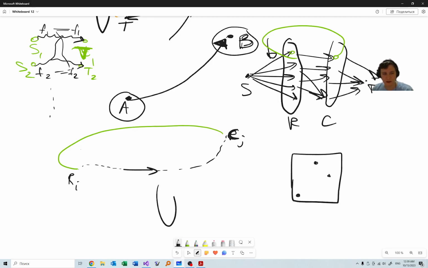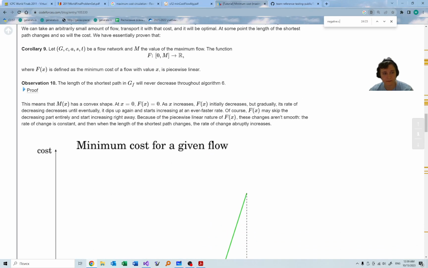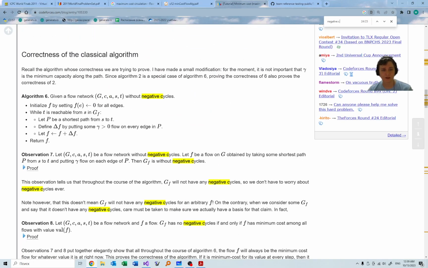So I have R, C, and some more things. I really just want to make this cost -1, this cost -1, and this cost -1. In this case, this is just minimum cost circulation.